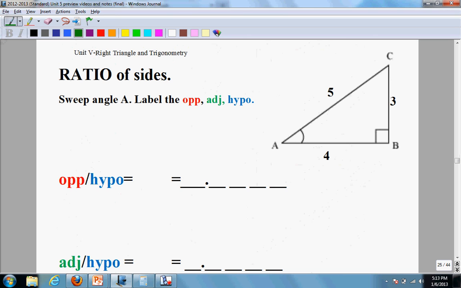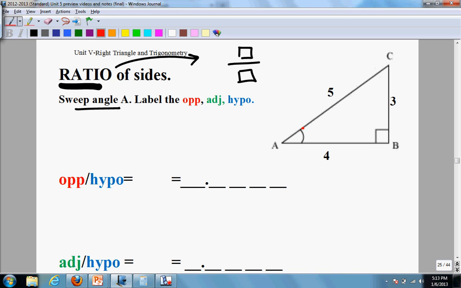Now we're going to talk about ratios. Remember, that word ratio just means a fraction. Once again, go a little something over something. So in this given triangle, we're going to sweep angle A, and we're going to label the opposite, the adjacent, and hypo.